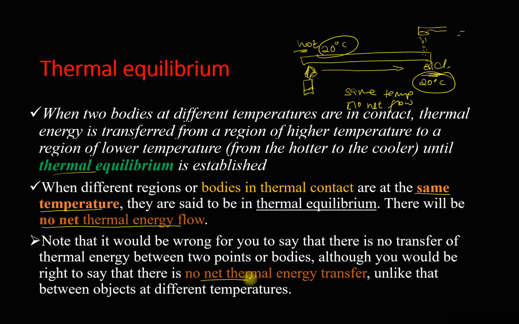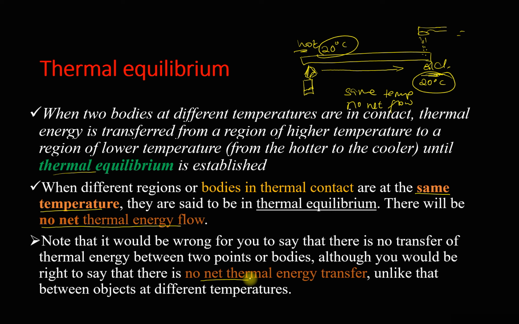Whenever there is no difference in temperature and no net flow of thermal energy in any particular direction, then we say thermal equilibrium has been established. The hotter body normally loses internal energy while the cooler body gains internal energy.